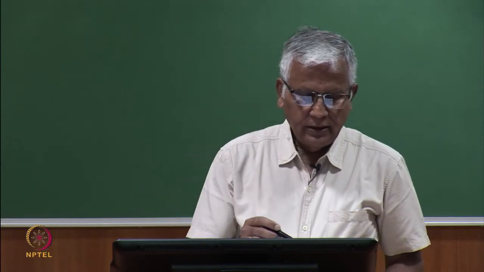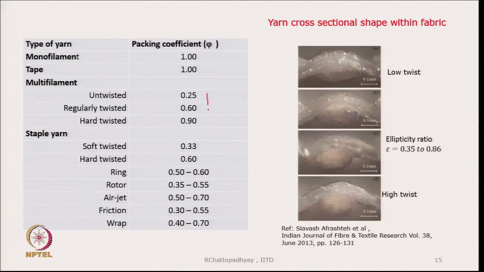Generally, for multifilament yarns, untwisted or with very little producer twist, the packing coefficient is 0.25, regularly twisted 0.60, and very hard twisted may give you around 0.9. That is the maximum packing we can expect when the fibers are circular. And for staple yarns, soft twisted packing is going to be 0.33, 0.60, as stated here.